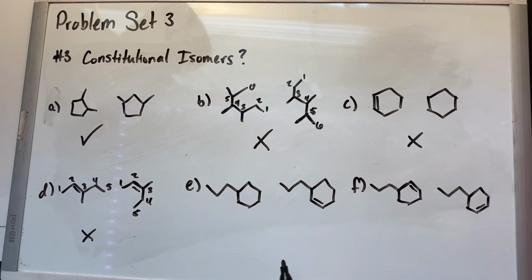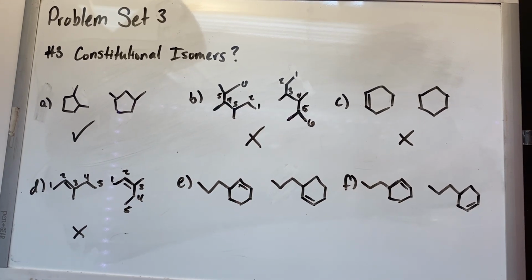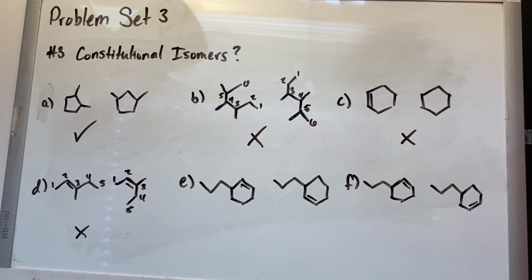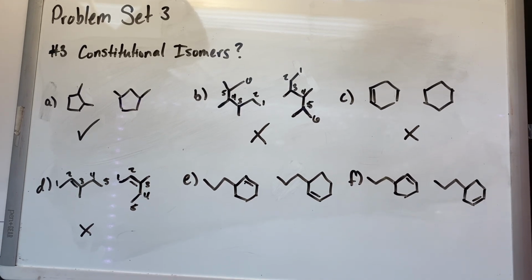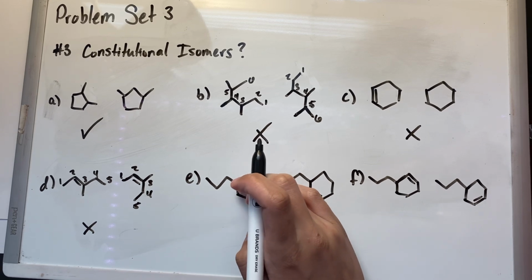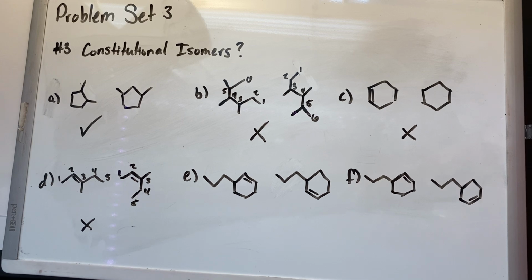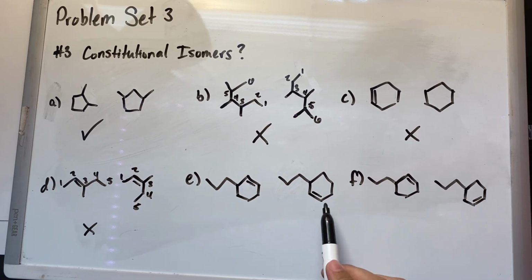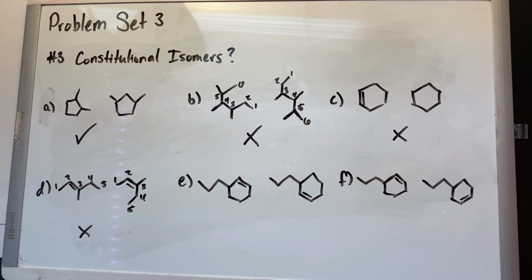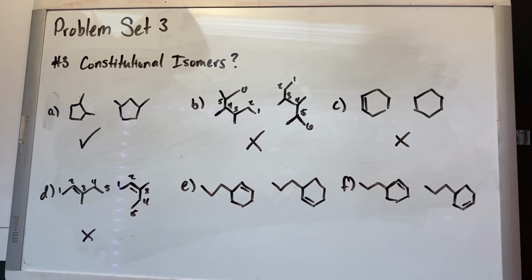So for E, these are going to be the same molecular formula, and we can see that because there are no extra carbons or anything. The only difference is this double bond right here. But we're gonna number these carbons.